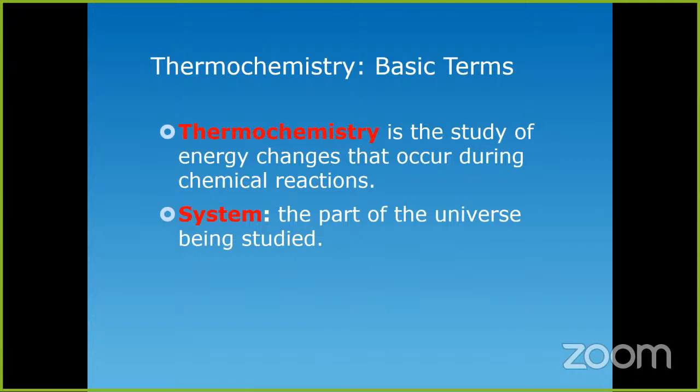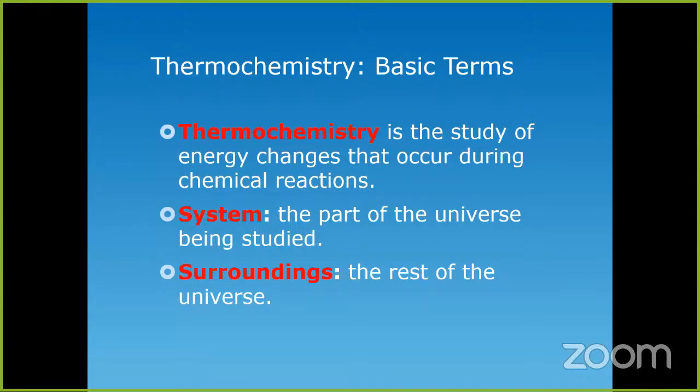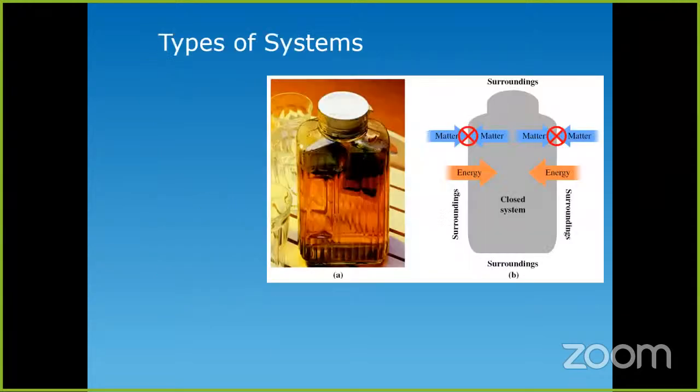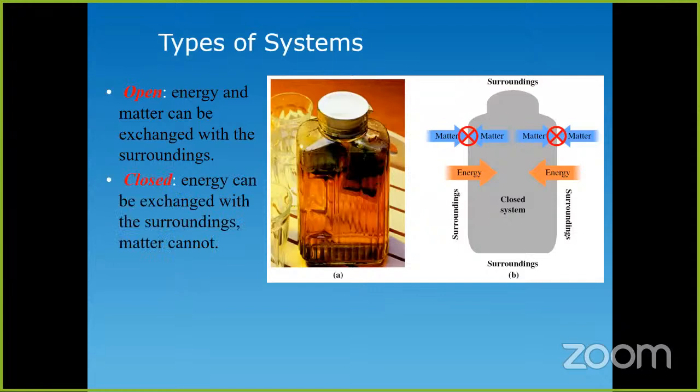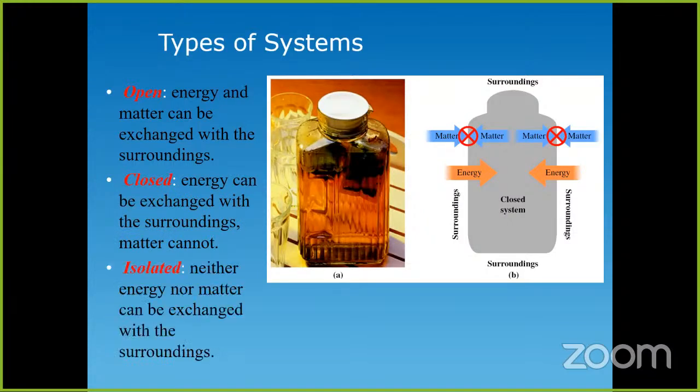Whatever we're focusing on in terms of looking at the type of changes that are occurring within that part of the universe, right? And then the surroundings would be the rest of the universe, right? And basically in thermochemistry, we're looking at the energy changes that take place in the system and in relation to how that affects the rest of the universe, right? Now, when it comes to different types of systems, there are three types. You have the open system, the closed system, and then the third type is called the isolated system, right? And of course, the differences are outlined right here.